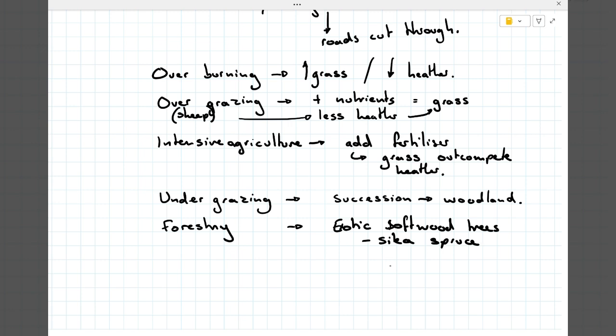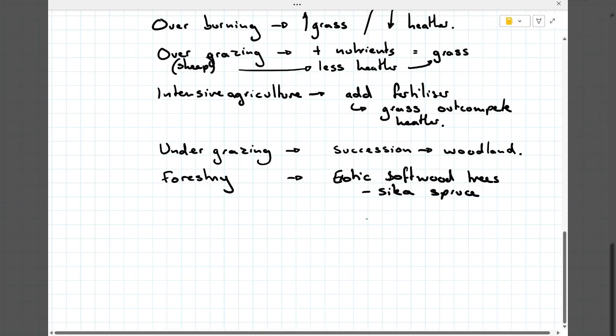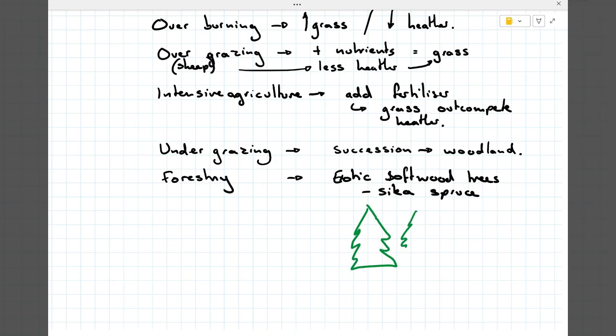These are going to be planted to provide commercial timber. They're not native, so they don't really support the same diversity of species that you'd find from a native woodland. They're planted very closely together. You get things like fertilizers and drainage ditches built to help them grow as quickly as possible.